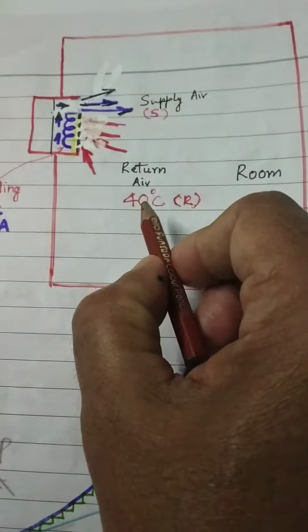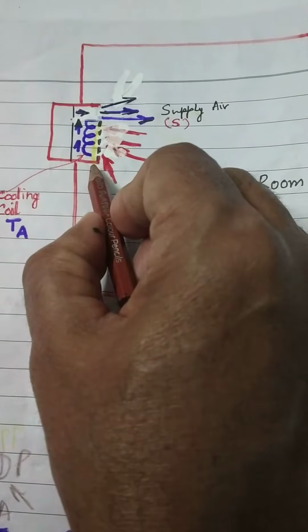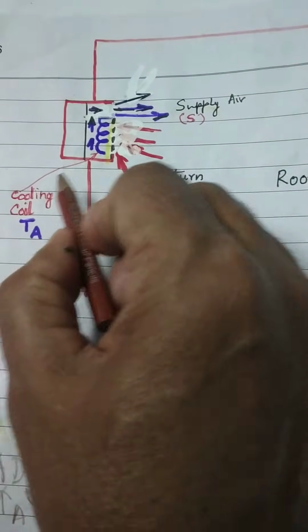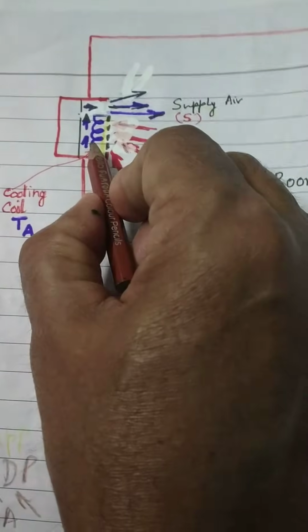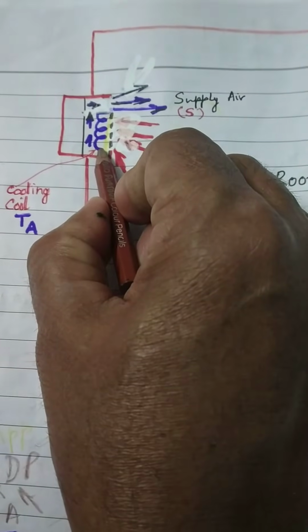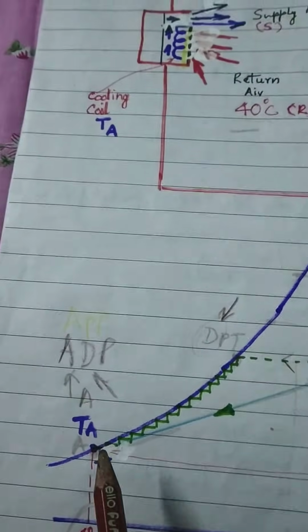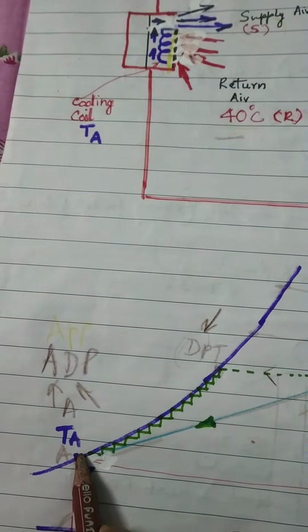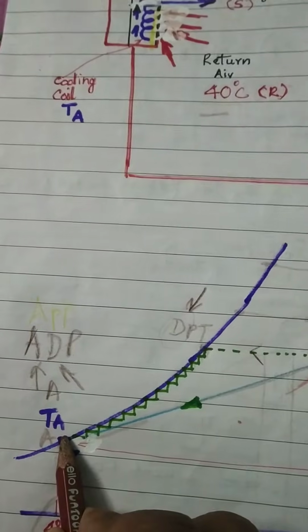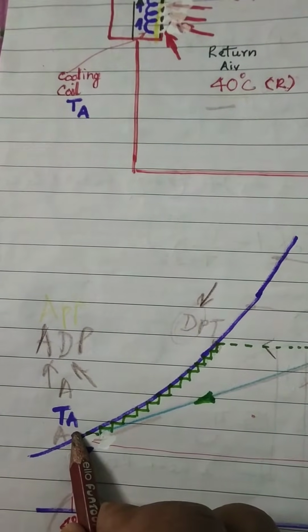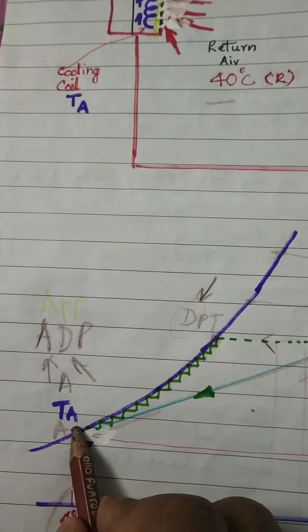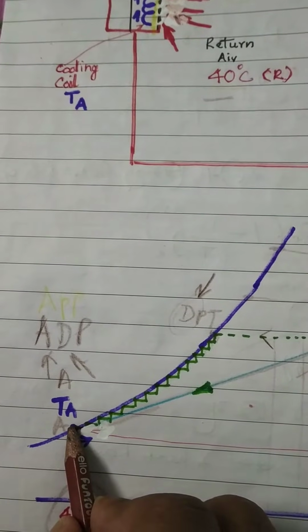The room air, as it comes in contact with the cooling coil, which is at 4 degrees centigrade, converts 40 degrees centigrade air into 4 degrees centigrade air. So TA is the temperature of the cooling coil, and by fortune, which is not practically possible, all the 40 degrees centigrade air is converting itself into 4 degrees centigrade air.